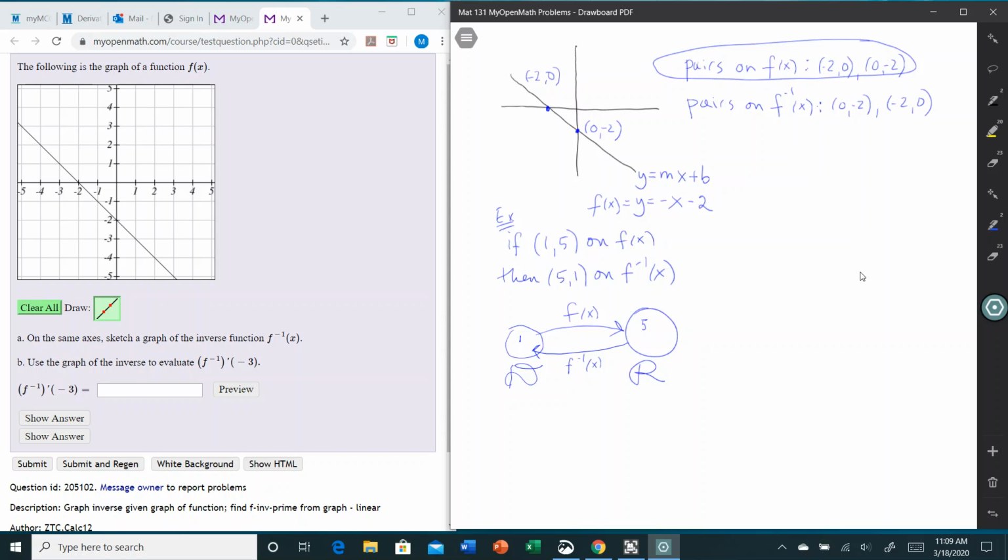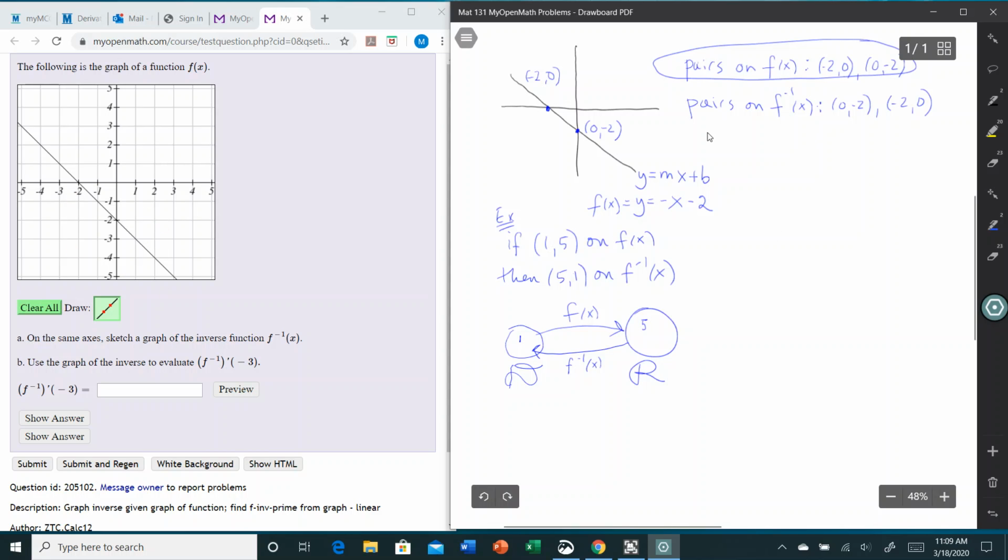So instead of -2 getting mapped to 0, 0 will get mapped to -2. And instead of 0 getting mapped to -2 on f, f inverse will map -2 to 0. So again, you just reverse the order for inverse functions.